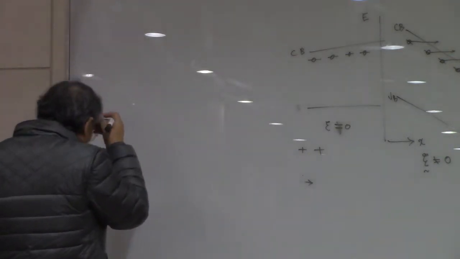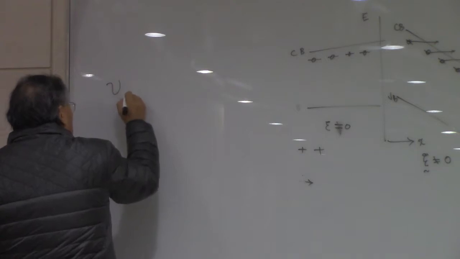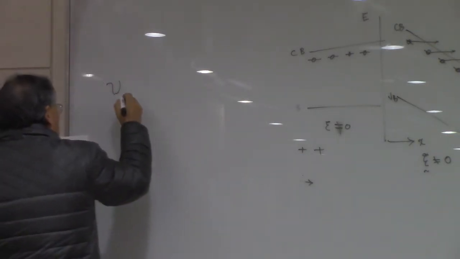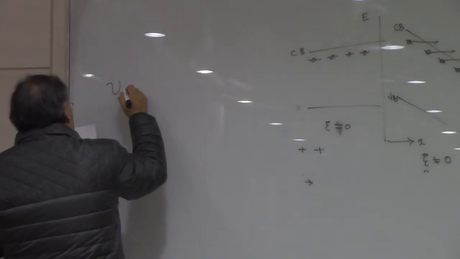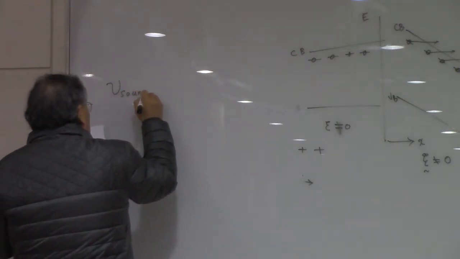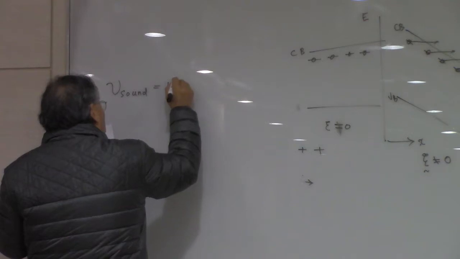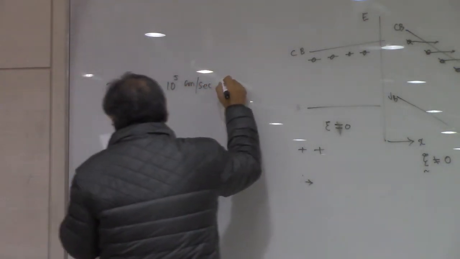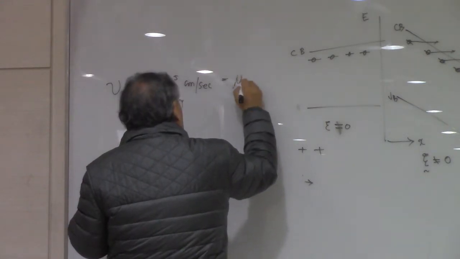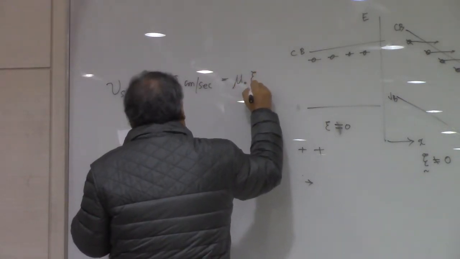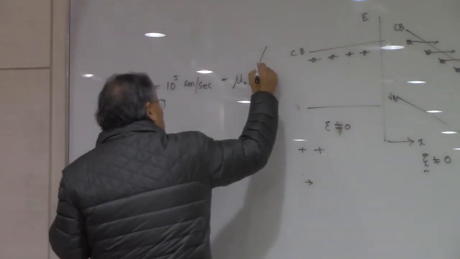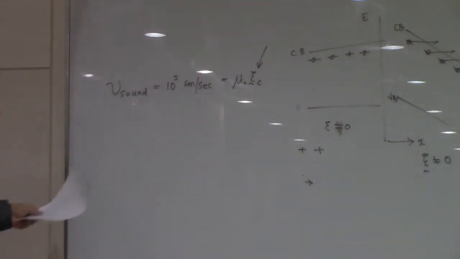And usually the critical electric field is the velocity of the sound, which is 10 to the 5 centimeter per second. That is usually the critical electric field, which can be determined something like this.